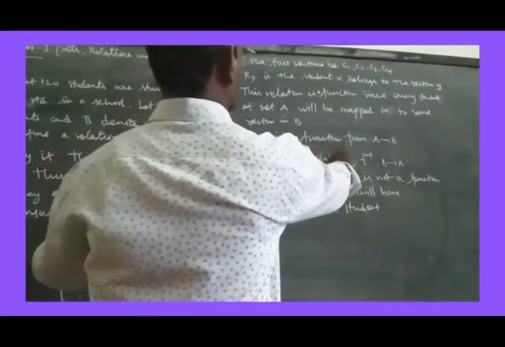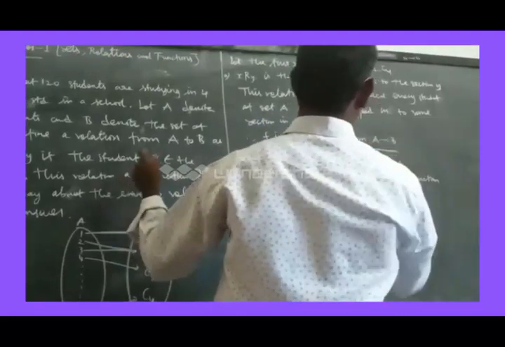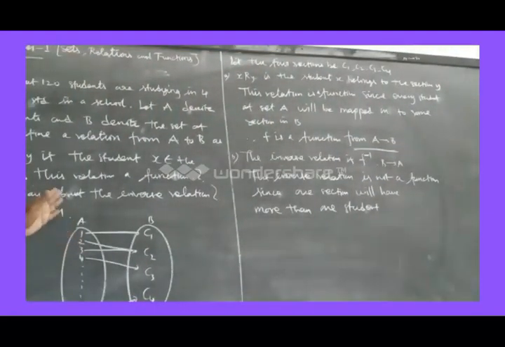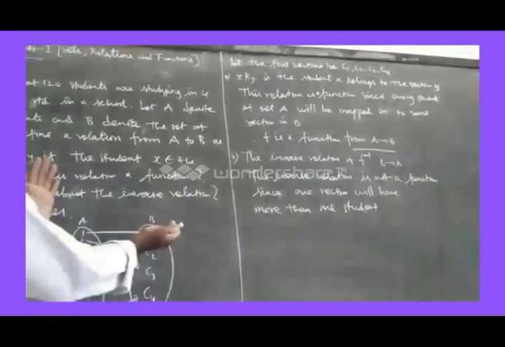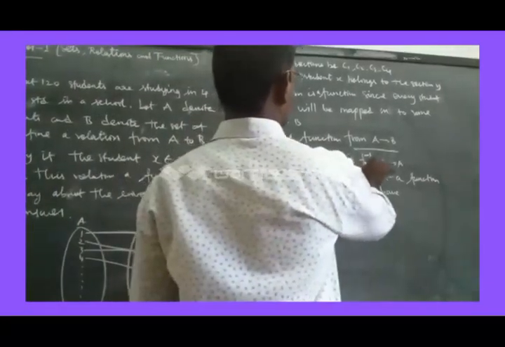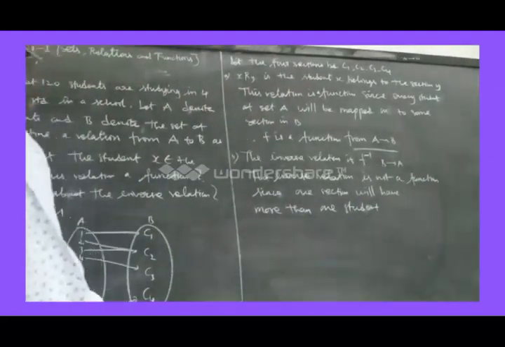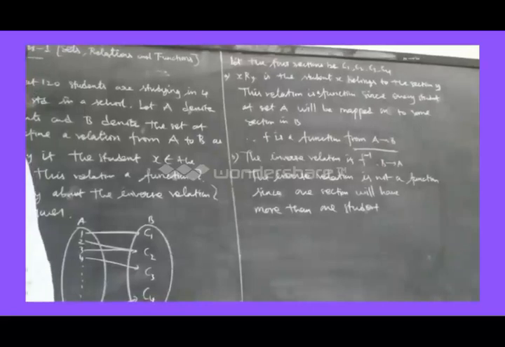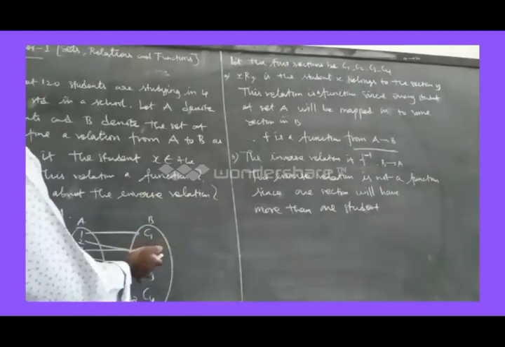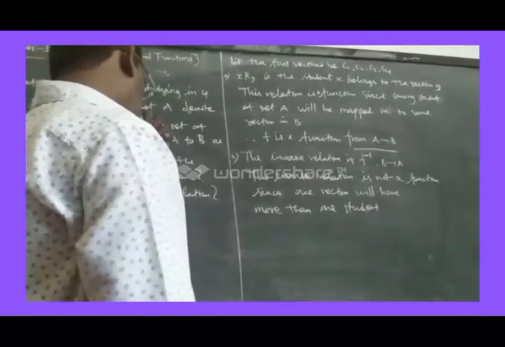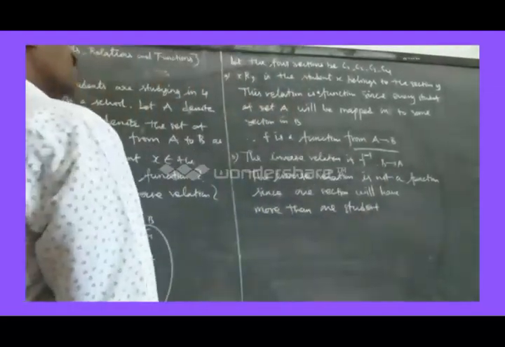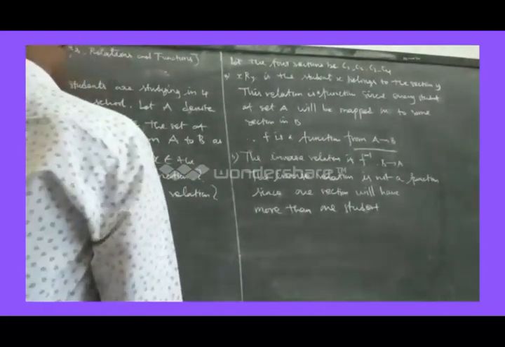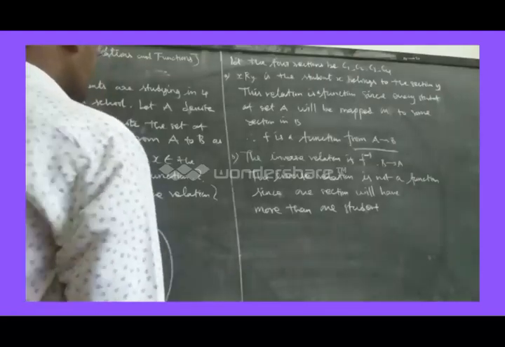Yes, f is a function from A to B. Every element of A has exactly one image. In the inverse relation, from B to A, B is the preimage and A is the image. For C2, we get more than one image. So since one section may have more than one student, the inverse relation is not a function.